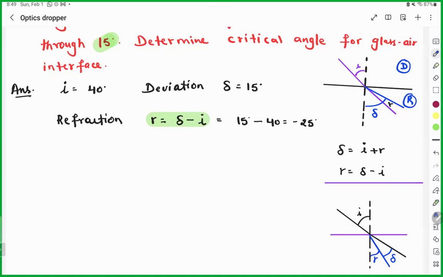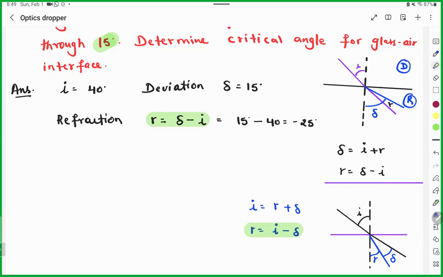So in this case I will be equal to R plus delta, and if you want to calculate R, it will be I minus delta.